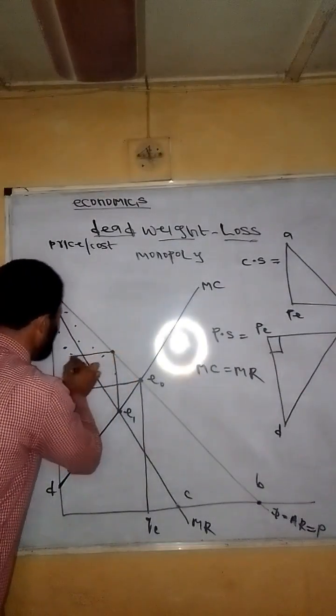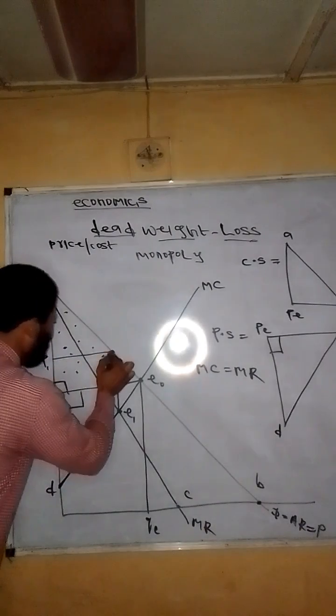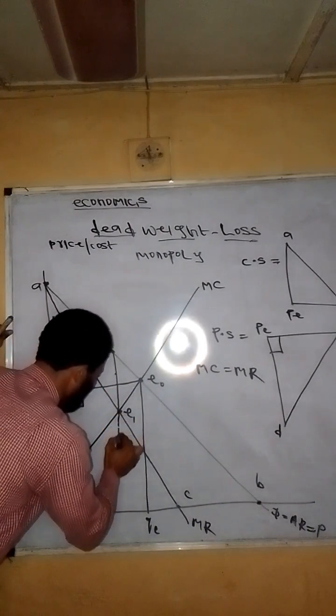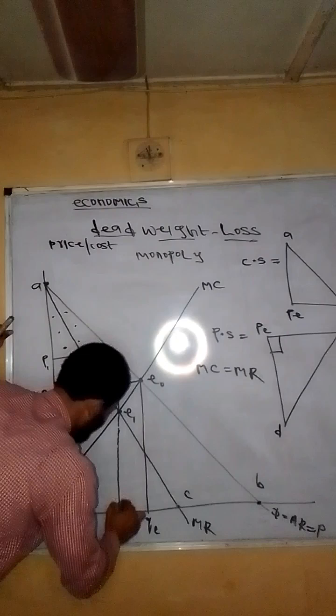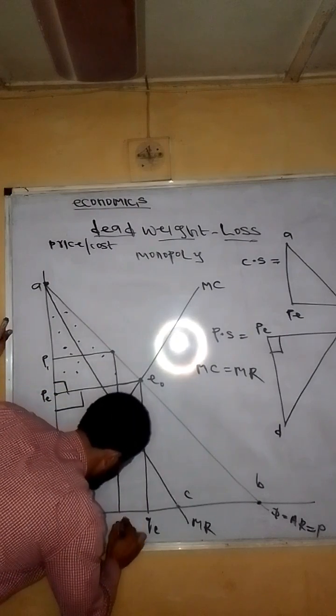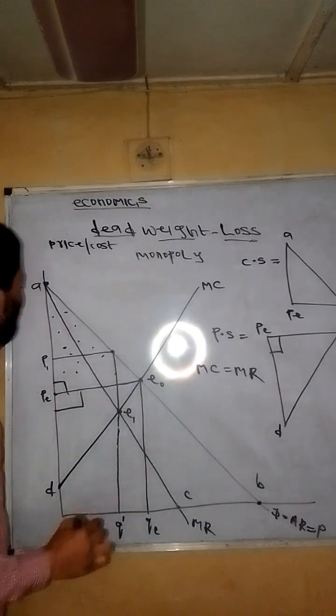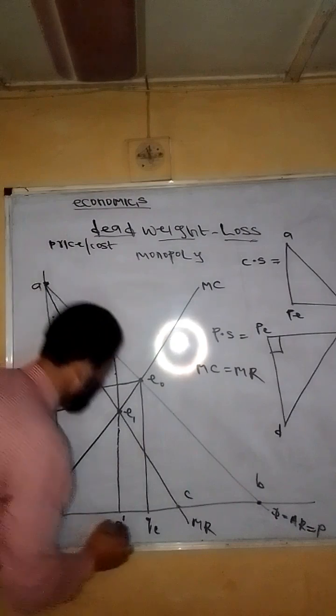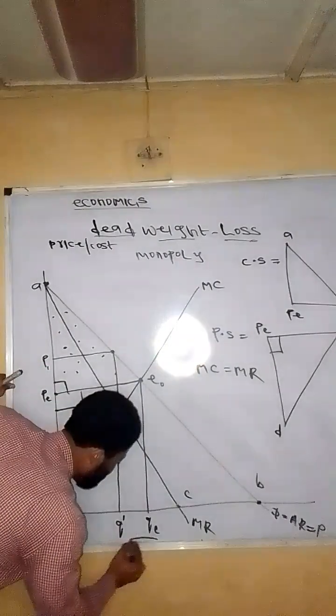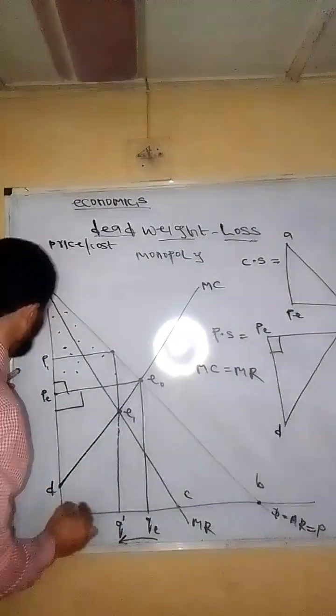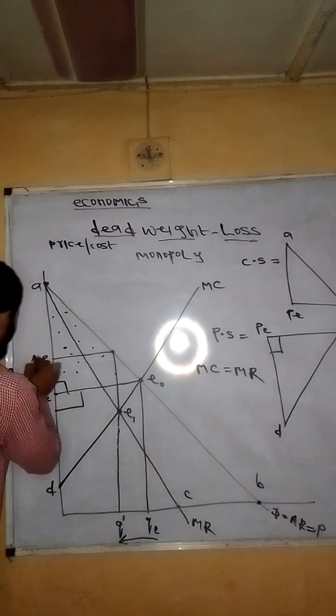This is the new price, P1, and this will be the new quantity demanded and supplied, Q1. So it can be seen that because the market has been monopolized, quantity supplied reduced from QE to Q1, and price increased from PE to P1.